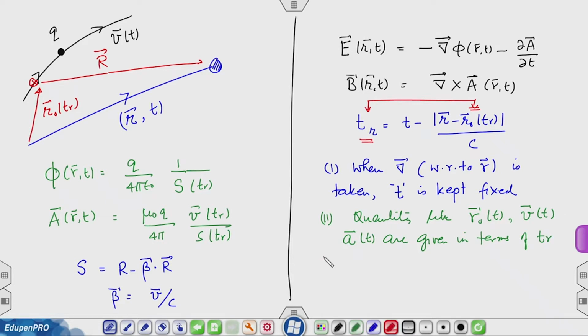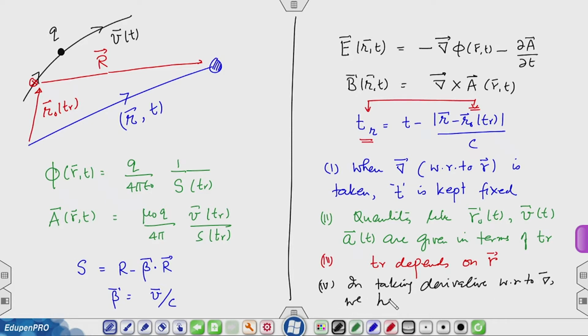Number 3, t_r depends on r. And therefore, when I take the derivative with respect to r, I have to vary t_r. t_r cannot remain fixed. t remains fixed, but t_r does not remain fixed.